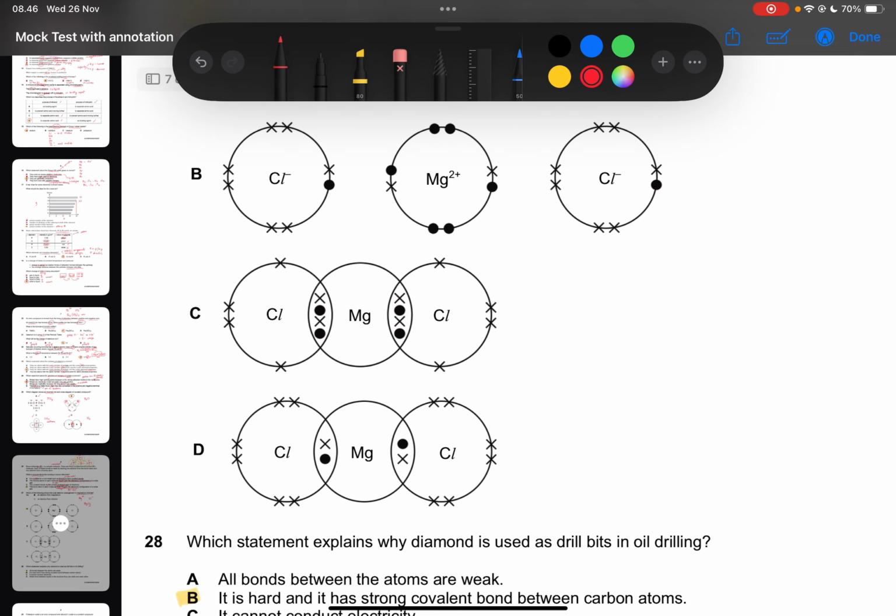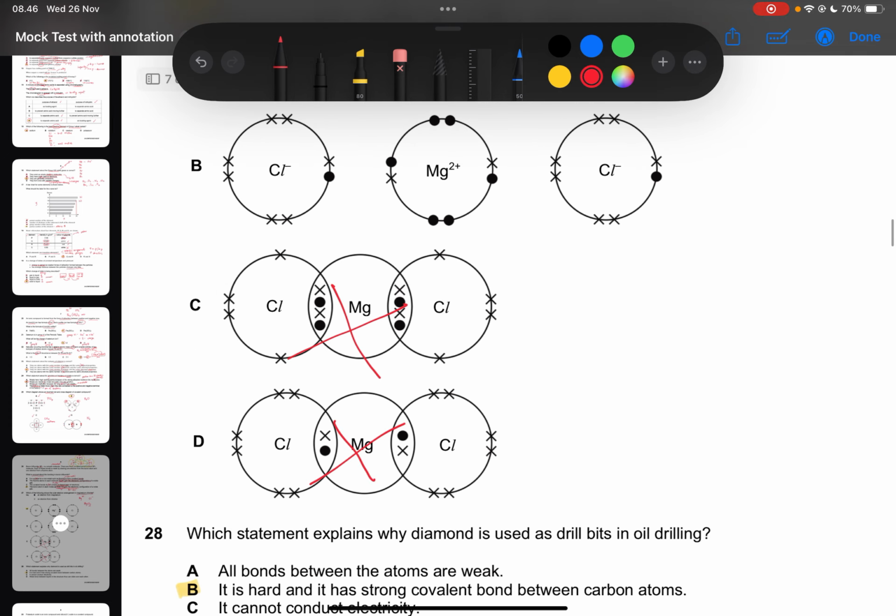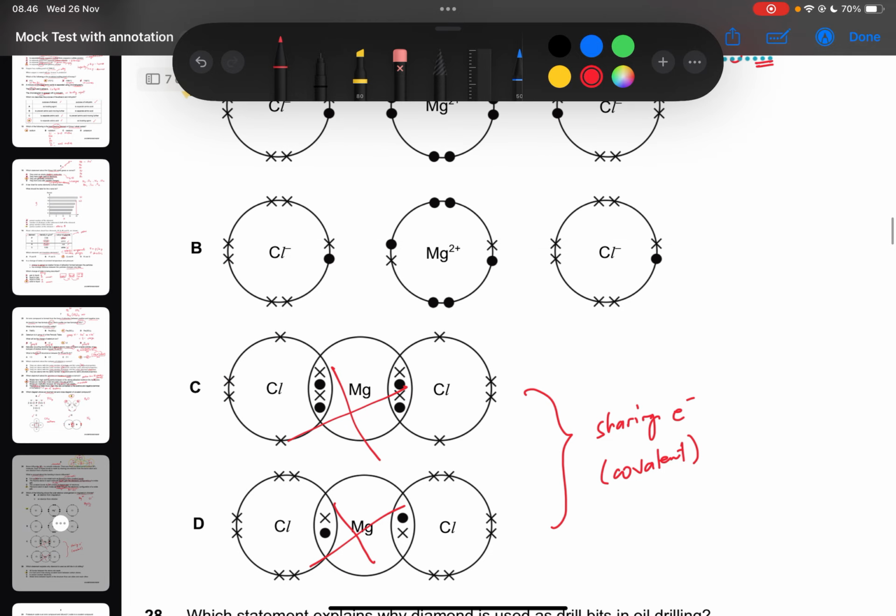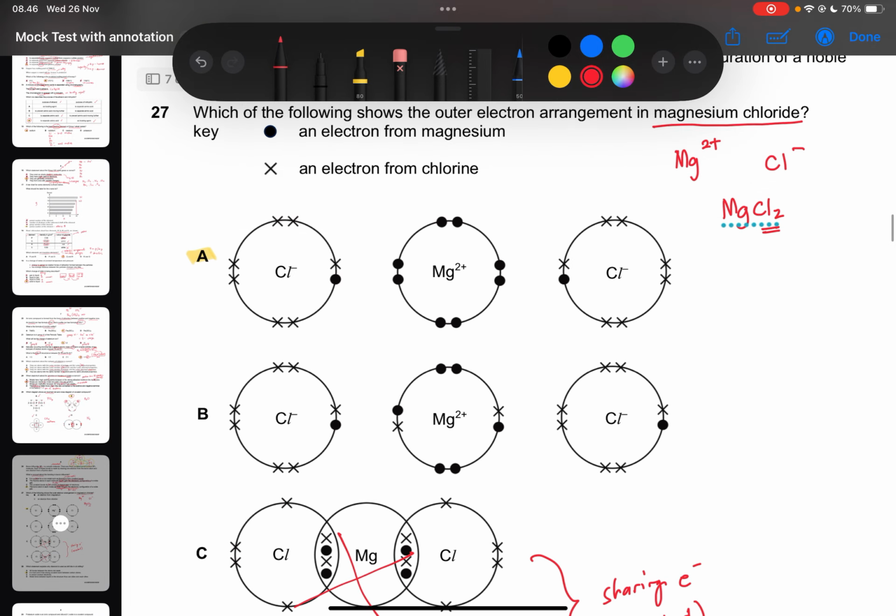Now C and D are not the answer because magnesium chloride is ionic. So this one shows sharing of electrons, which is a covalent compound. So that's not how we show the charge or the structure for magnesium chloride. Magnesium chloride is ionic.